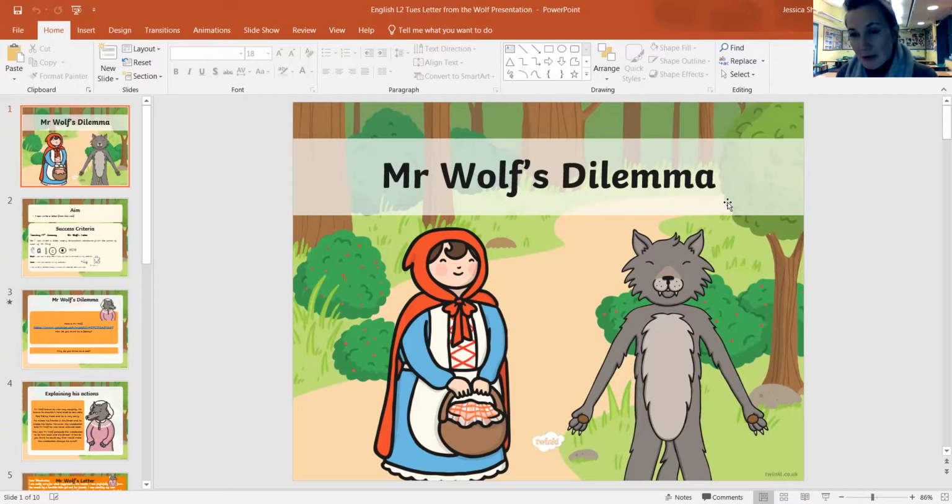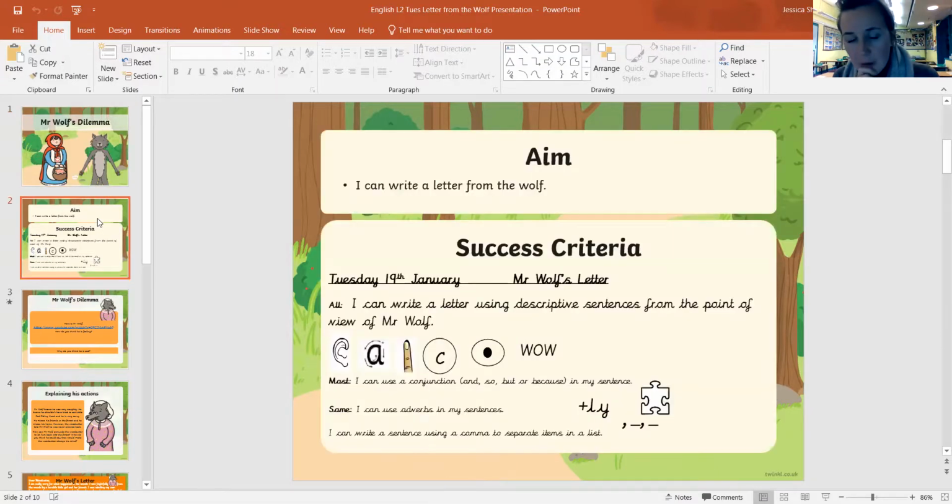Traditionally, the story is told from the viewpoint, the perspective of Little Red Riding Hood. But today we're going to be thinking about the wolf, and what he thinks about what happened. So this lesson is called Mr. Wolf's Dilemma. We're going to write a letter from the wolf, pretending to be the wolf.